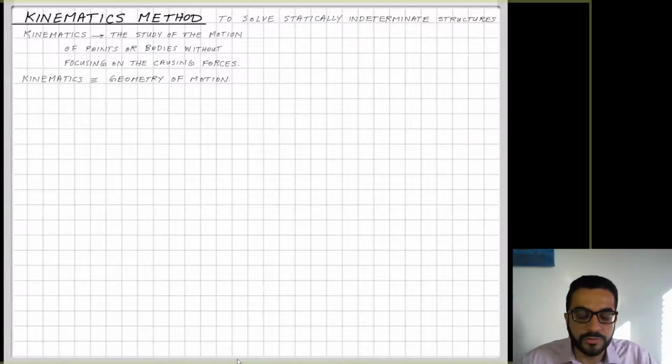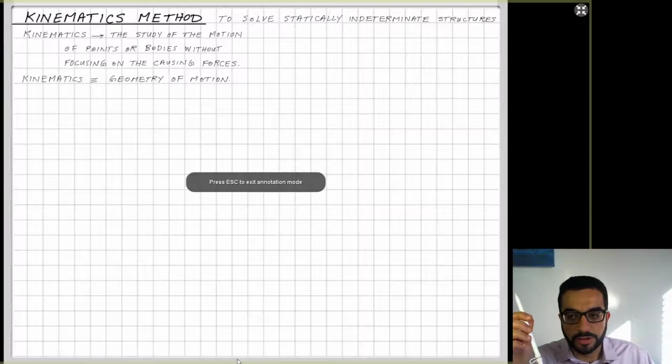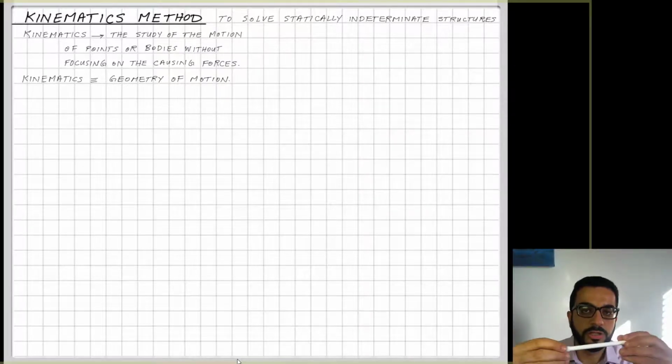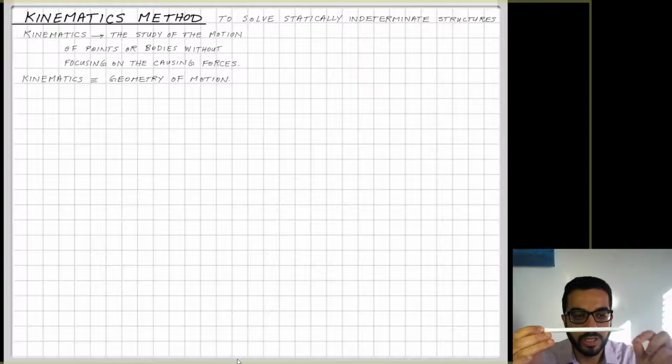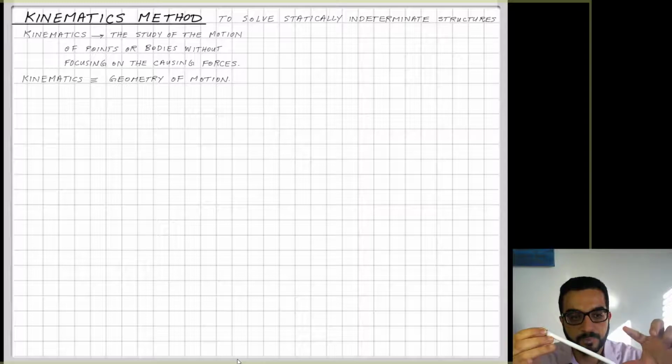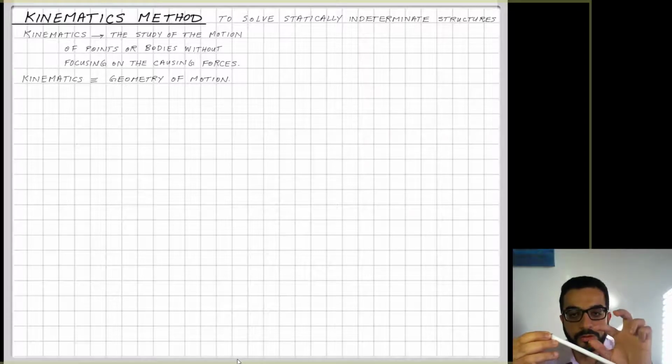So what is kinematics? Kinematics is the study of motion, knowing the geometry of a member, and not considering the forces causing it. So we're more focused on the geometry of the motion. If I call this a member, hinged on this side, and I drop the end here by a delta, a deformation, I know this delta is at the end of the member, so this means that the middle of the member will experience a drop of half, right?